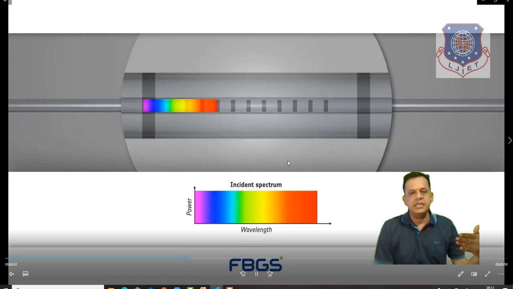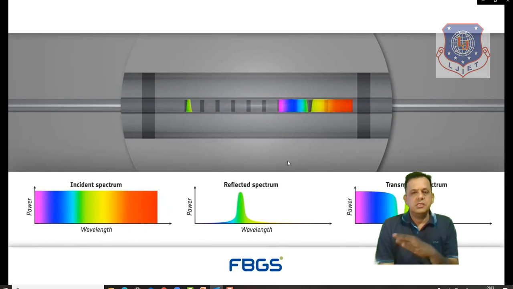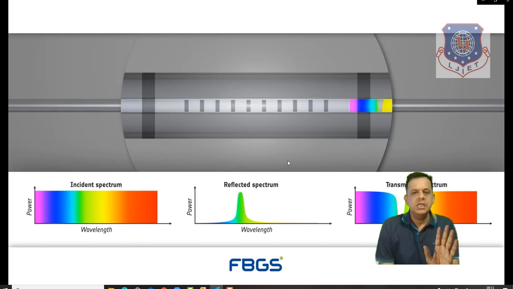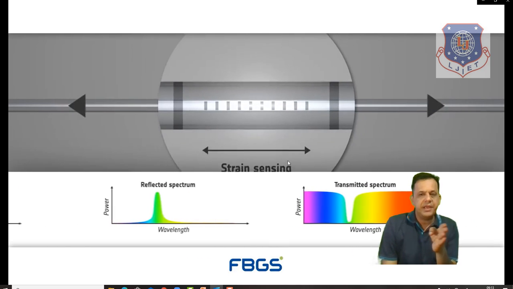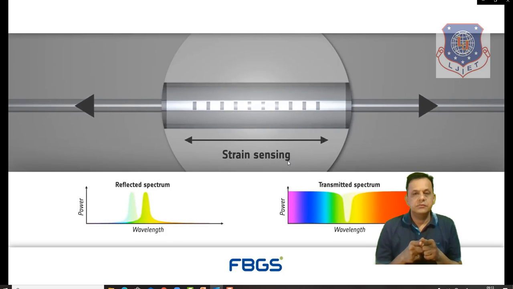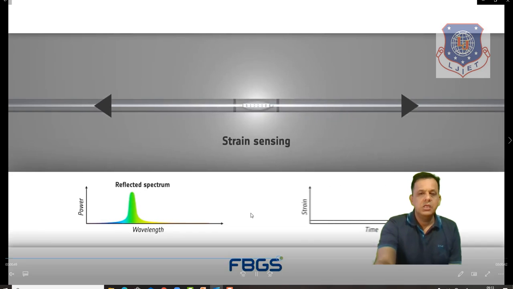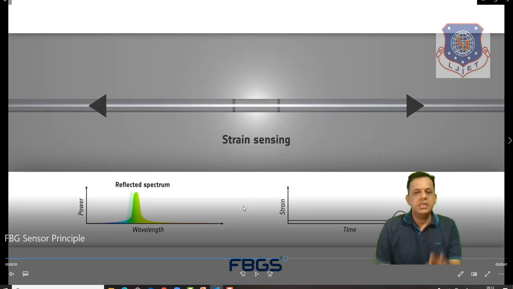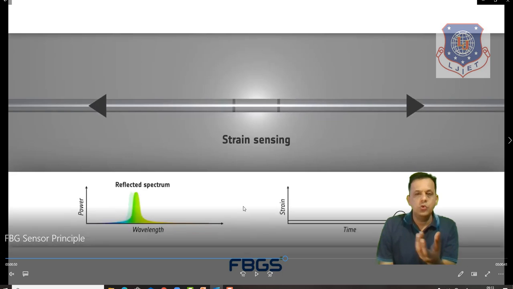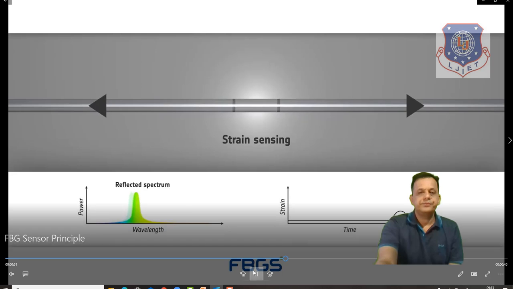As the incident spectrum light passes through, under no stress there will be no change, and a particular reflected spectrum goes back. Now strain sensing, say tension or compression.